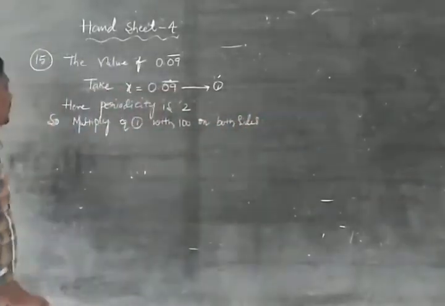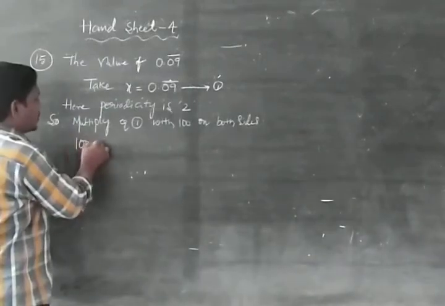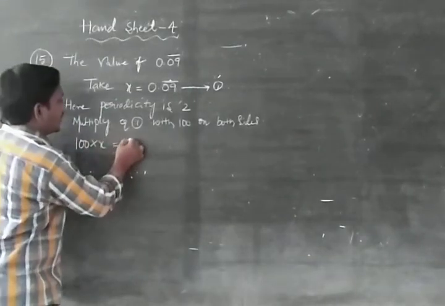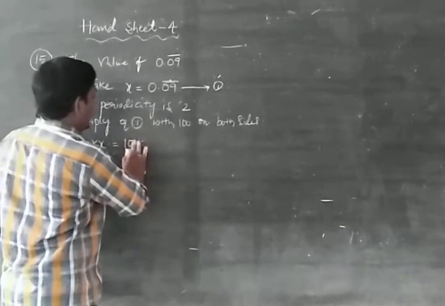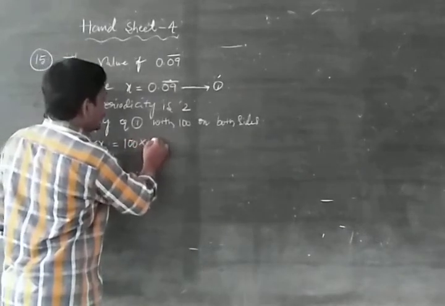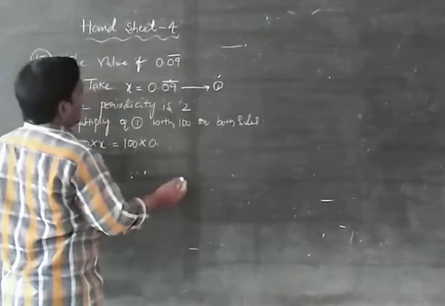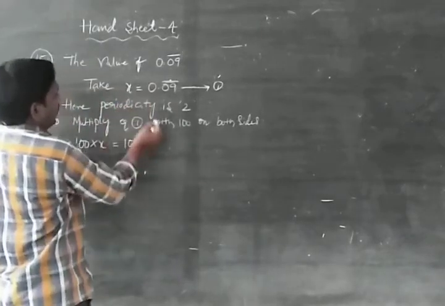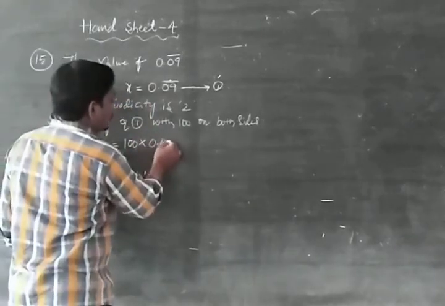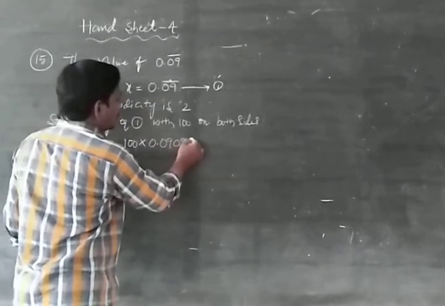Then 100 into x equals 100 into 0.090909, and so on.